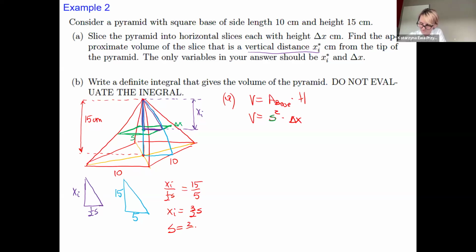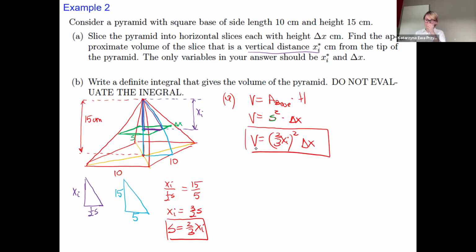That's what we wanted: s in terms of the variable. So we have s squared times delta x, with s equal to 2/3 x sub i. I can leave it like this. That's part A: the volume of one slice, one slab.